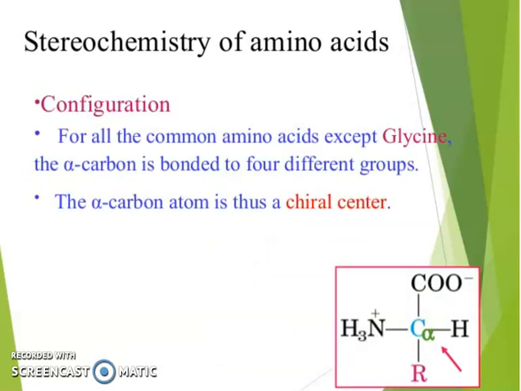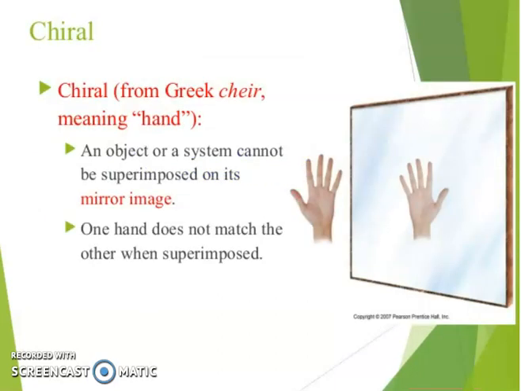Stereochemistry of amino acids: for all the common amino acids except glycine, the alpha carbon is bonded to four different groups. So the alpha carbon atom is a chiral center. Chiral comes from the Greek meaning hand.